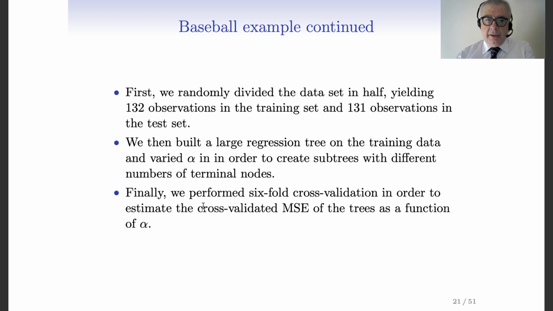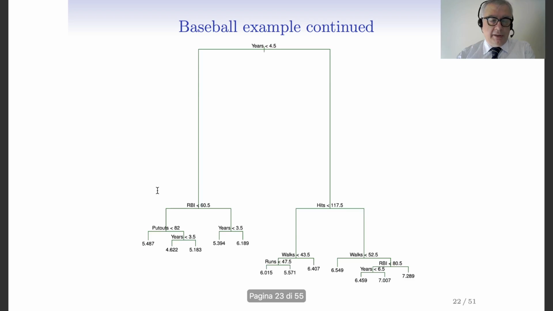And the results are summarized here for the tree. You can see first split, number of years in the league, then we have the number of hits, and we can go on with our split and arrive at the high complexity tree.